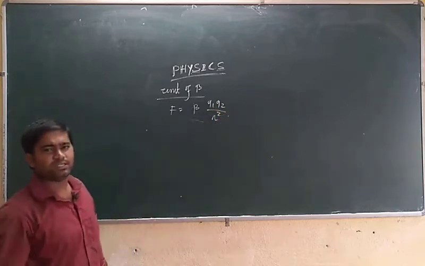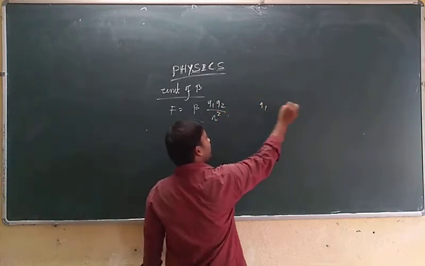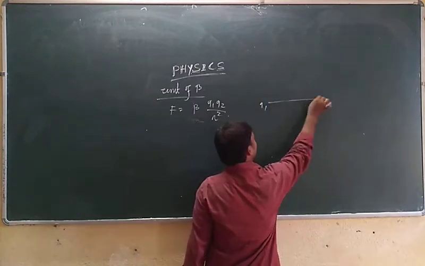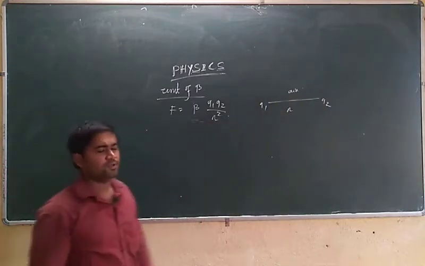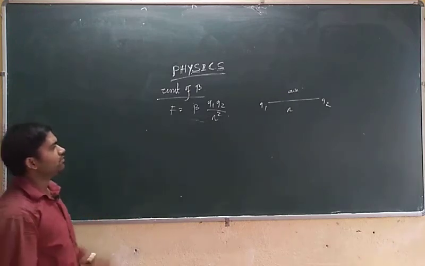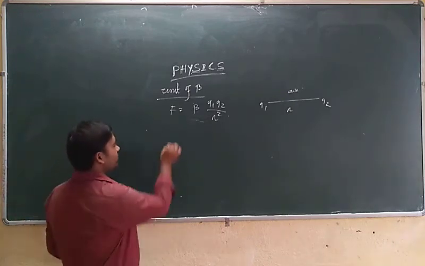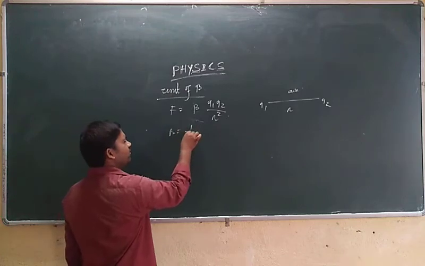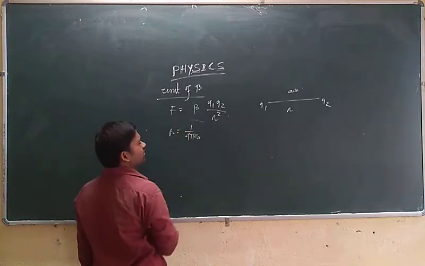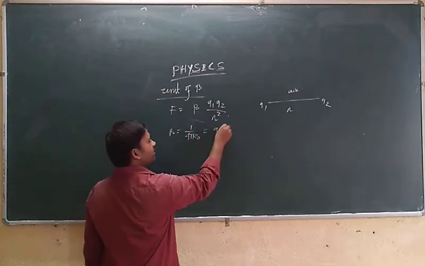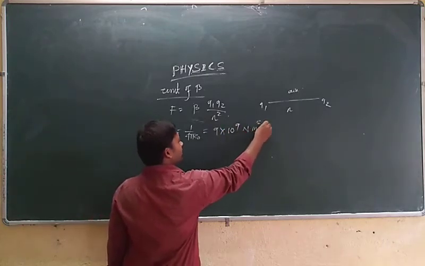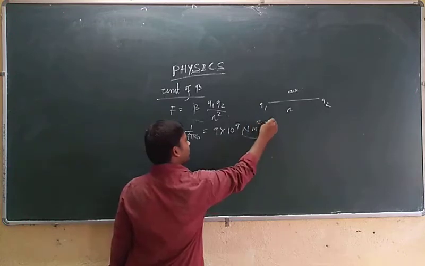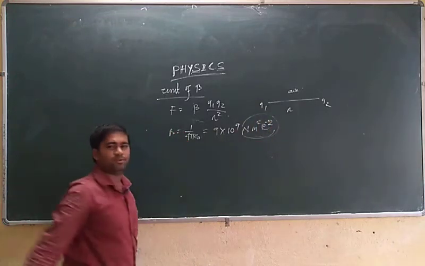Suppose I take two charges Q1 and Q2, the distance between them is R and the medium is air. In such a case, the force will be beta Q1 Q2 by R square, and the value of beta, as we know, will be 1 by 4 pi epsilon naught, and its value is 9 into 10 to the power 9 Newton meter square Coulomb to the power minus 2.